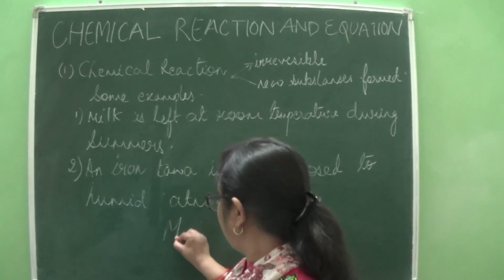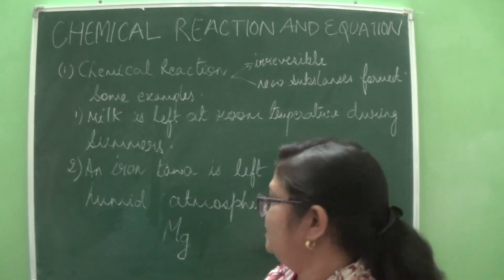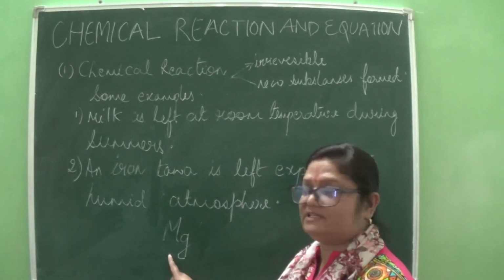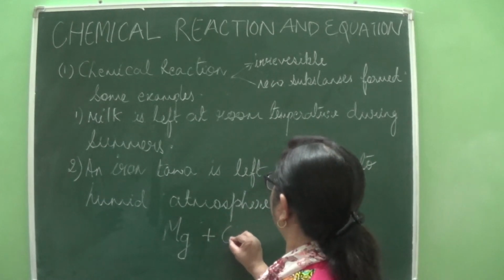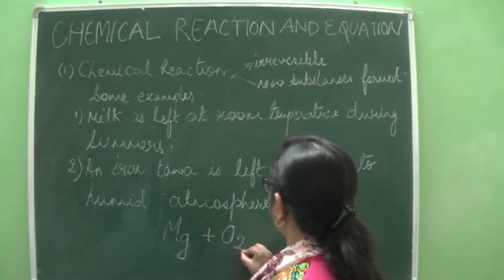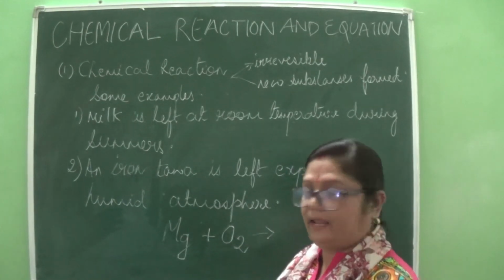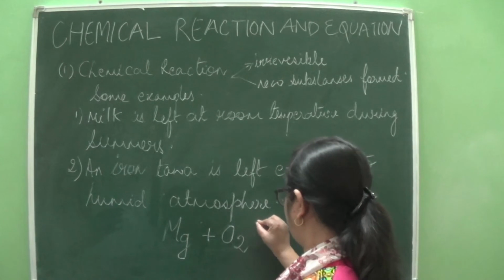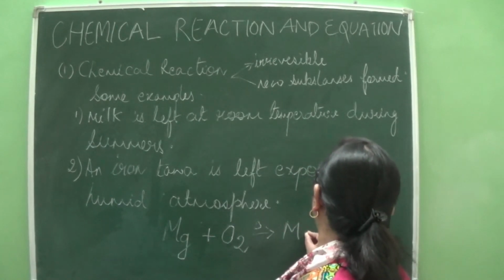You have studied the symbols in class 9th. So the symbol of magnesium is Mg. What happens when we burn it? It reacts with the oxygen present in the air, and it forms magnesium oxide.